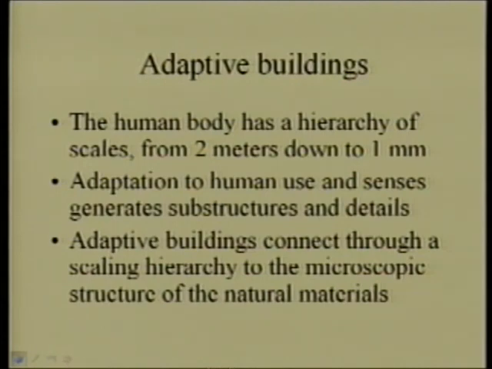I could give another lecture on this, but I really have to go on. If you use natural materials, stone and wood, you go down and you have the microscopic structure, the crystalline structure of the stone, or the cellular structure of the wood. So that gives you a grounding at the smallest detail.